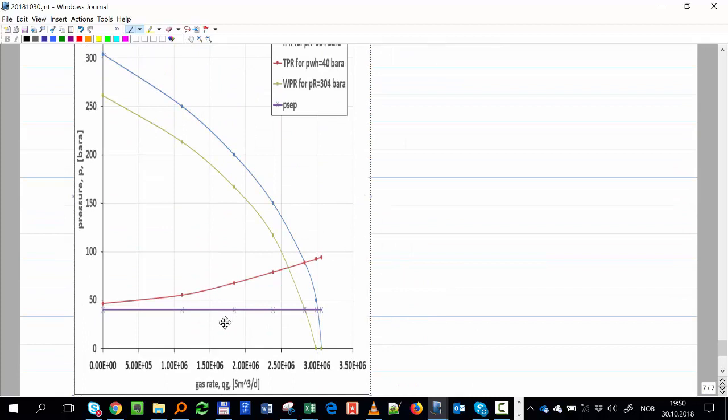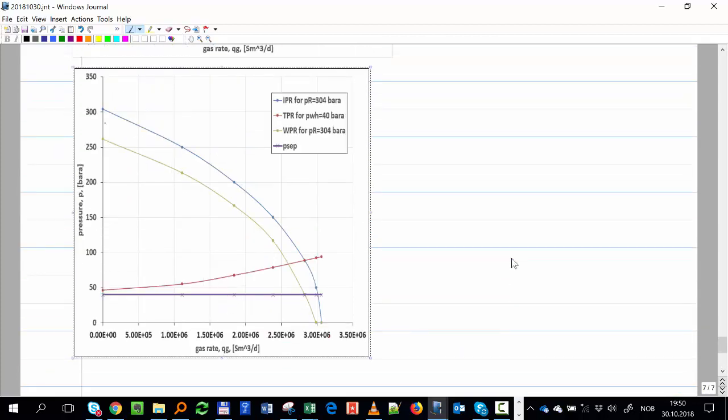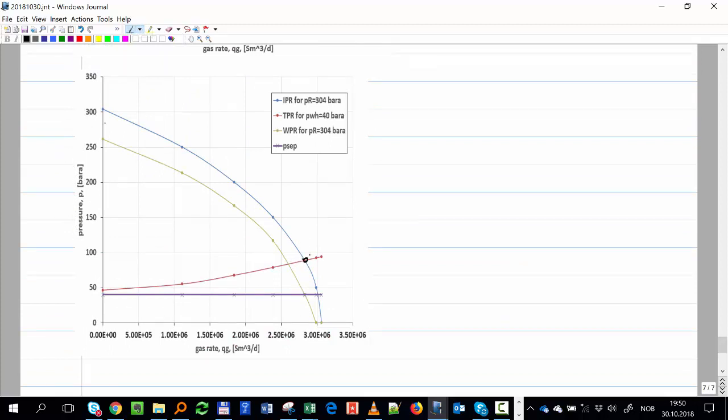Okay, so that point is what I call bottom hole equilibrium. That will be IPR plus TPR, and this one will be wellhead equilibrium.